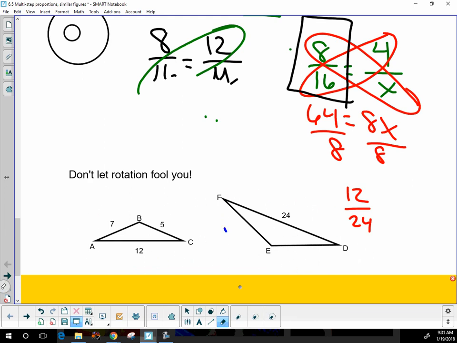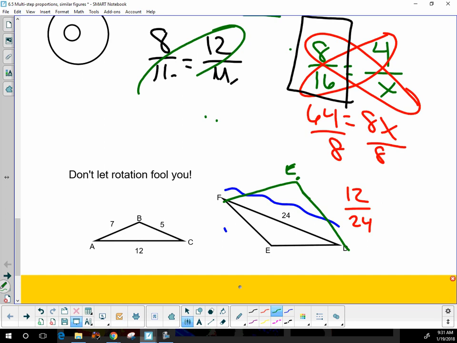And we know this is the base. So what you do is in your mind, you put this side on the bottom. So when you take a look at this figure, if this was on the bottom, this is FE, and this becomes ED.